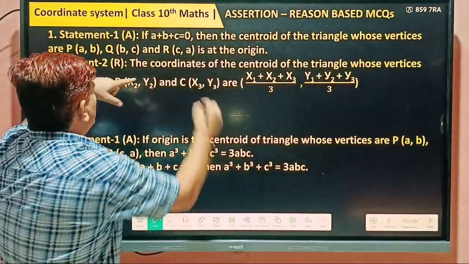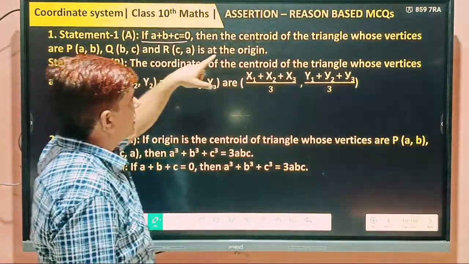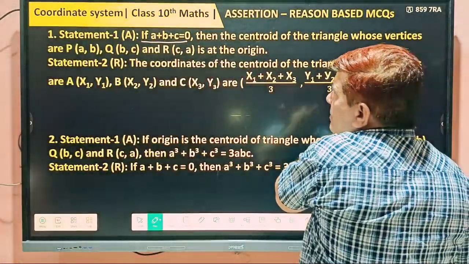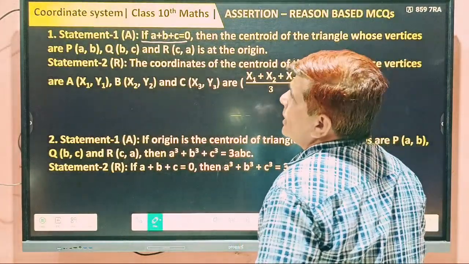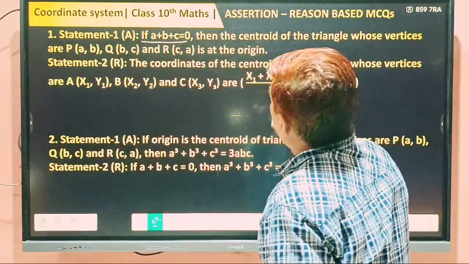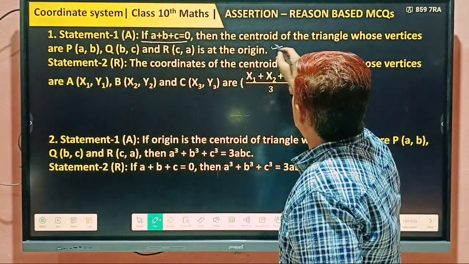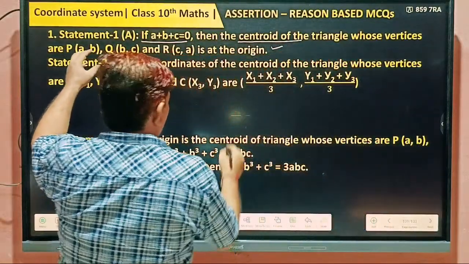If A plus B plus C equal to 0, then the centroid of a triangle whose vertices are AB, BC and CA is the origin. What is the origin? Centroid. If you can find out, first point what's given?